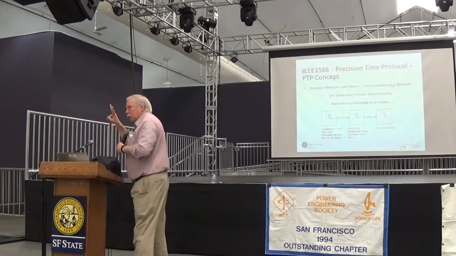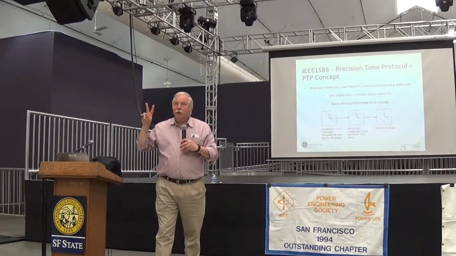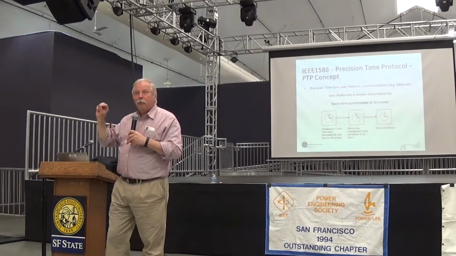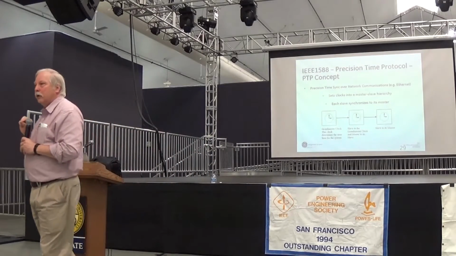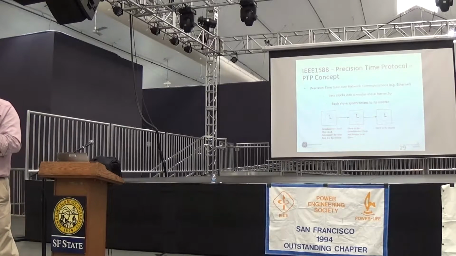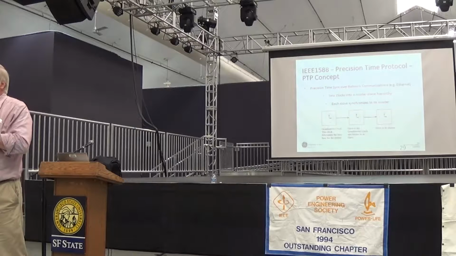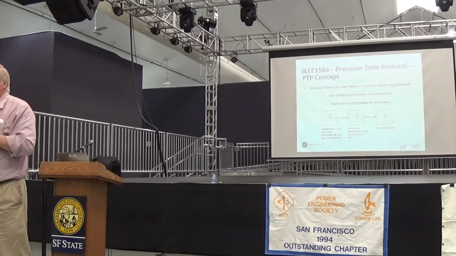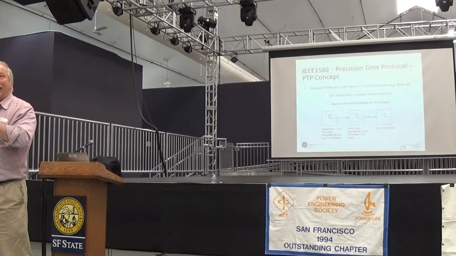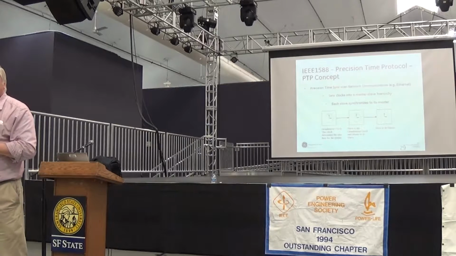The second kind of clock we're going to see is something called a transparent clock. In an Ethernet network, how do we build the network? We use devices called Ethernet switches. When I send a message to an Ethernet switch, there's a time delay in going through that Ethernet switch.